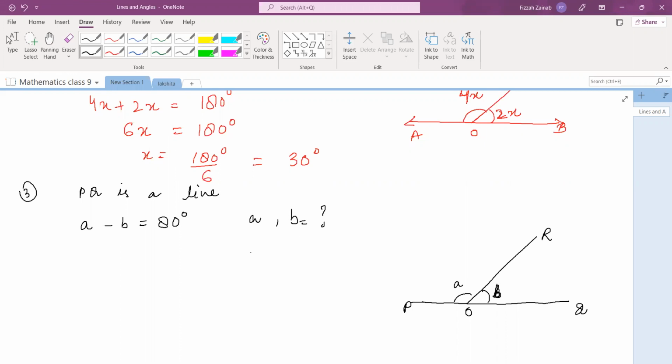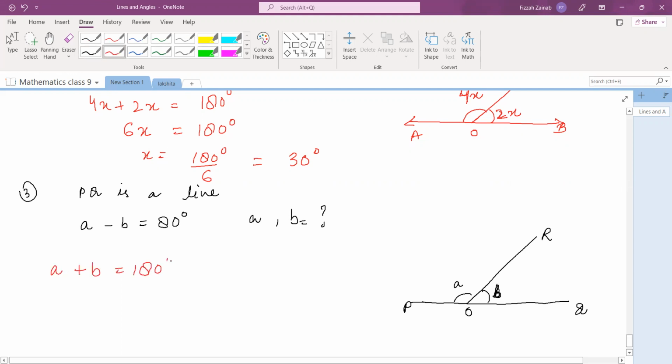Now in this exercise, so far we have learned only two theorems, right? Vertically opposite angles is not applicable here because I don't have two intersecting lines. So only the linear pair theorem will be applicable. According to the linear pair theorem, angle A plus angle b should be 180 degrees if PQ is a line.